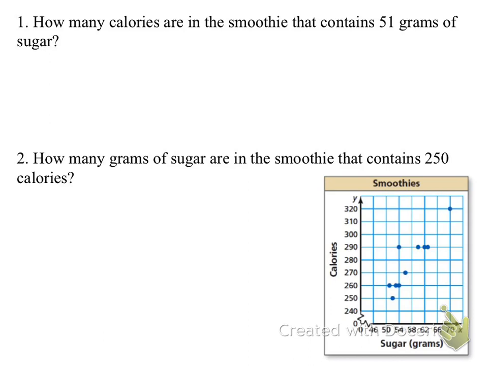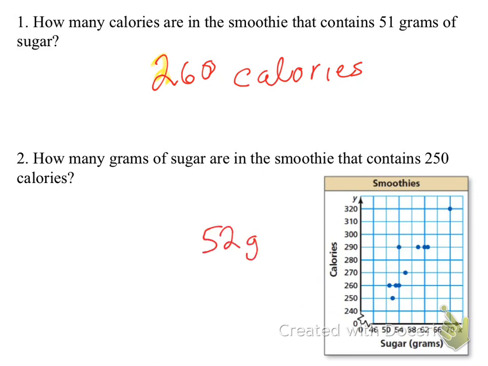Excellent. Okay, next. How many grams of sugar in a smoothie that contains 250? Julia. 52. Yep, 52 grams. Okay, questions.